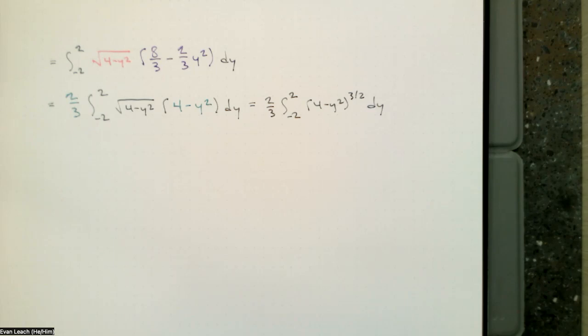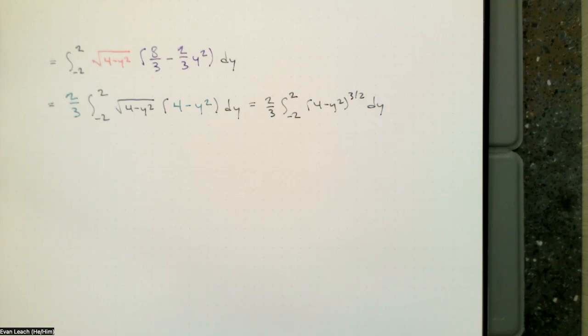To continue this problem by hand, we would have to do our favorite technique in all of integration, which would be trigonometric substitution. That's the one that we have at this point. We're not doing anything fancy. The case that we're going to be using is sine.